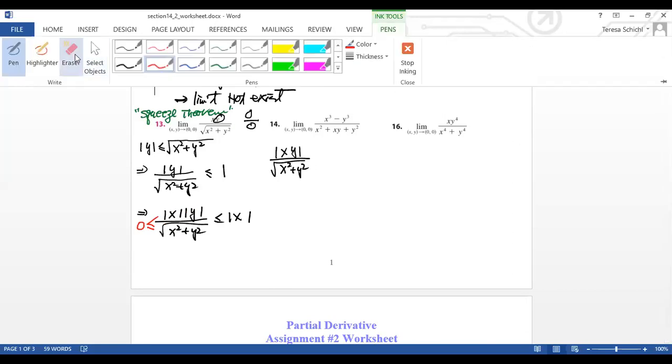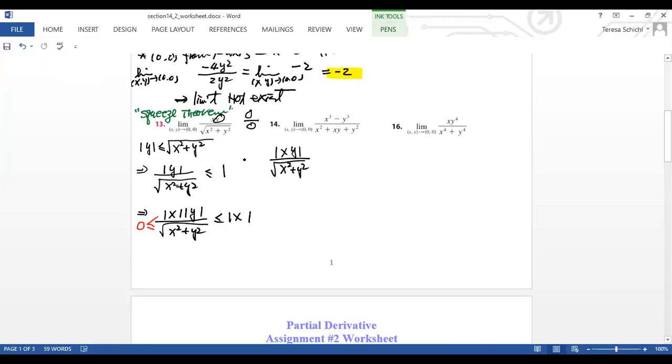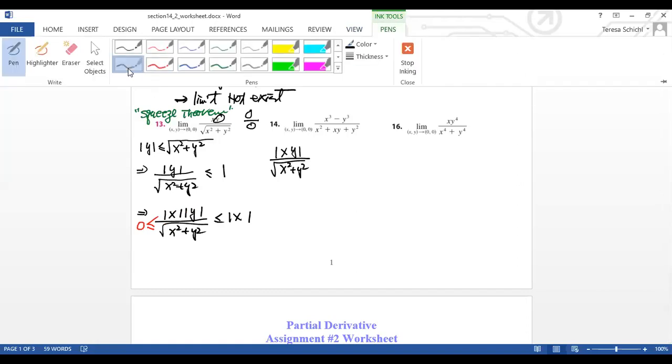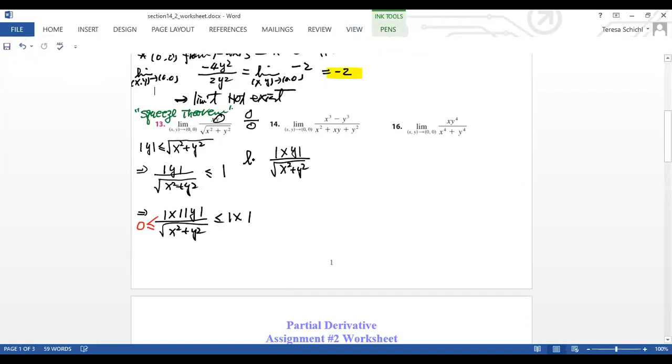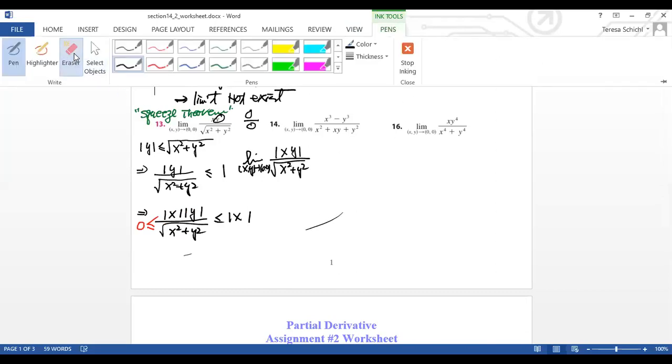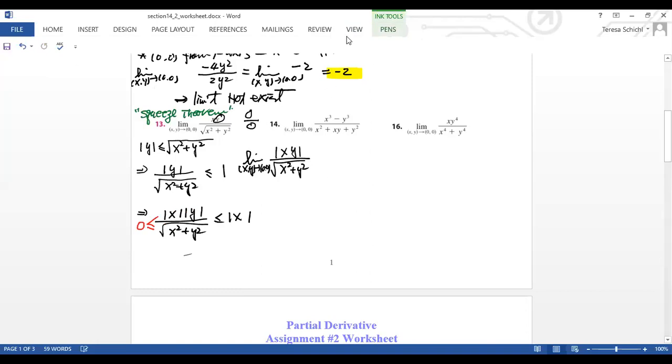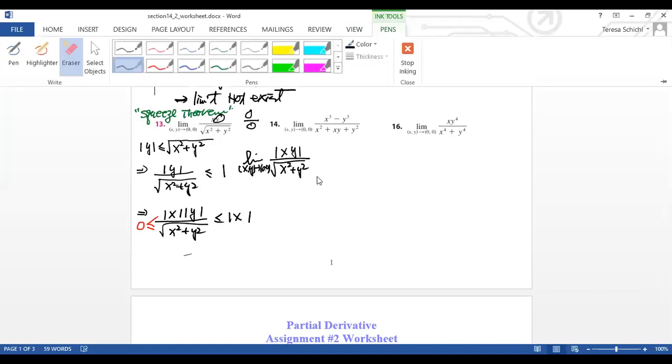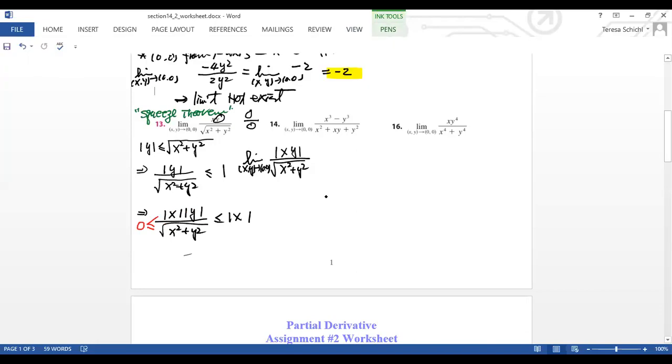So now, here, this is a limit, right? (x, y) approaches (0, 0), right? And I know the absolute values here. So what does this one approach? That means here you take a limit on all three sides.